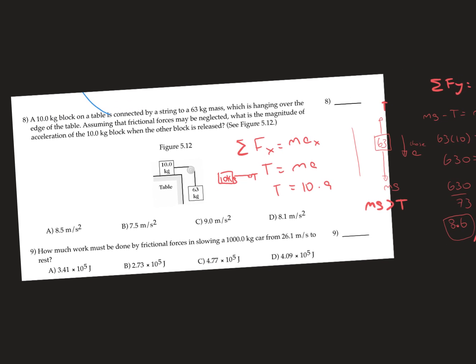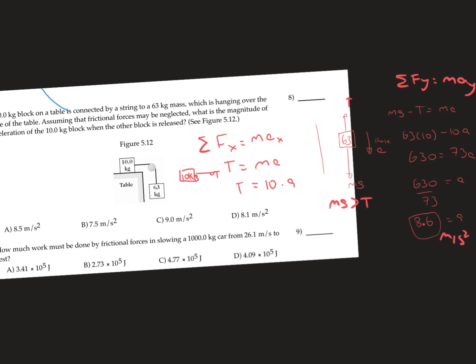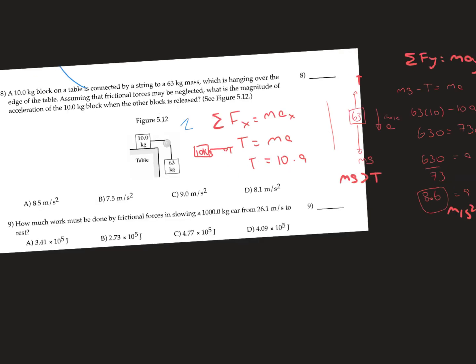So what we're going to do is break it down into pieces, and find the sum of the forces of one mass, the 10 kilograms, and then the other mass, 63 kilograms. In regards to the mass of 10 kilograms, we only have a force going to the right.